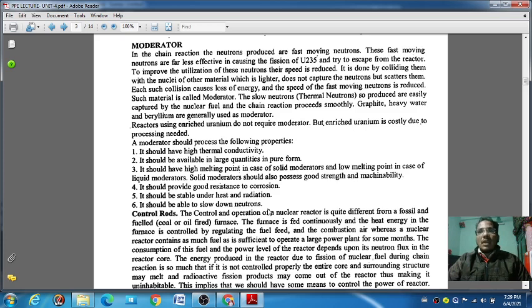If the heat goes to a high level, it will go out of the reactor. So the moderator stops the heat energy beyond the limit.